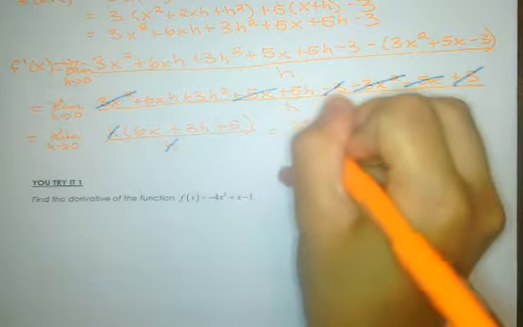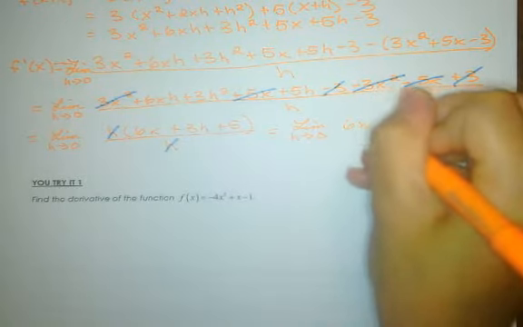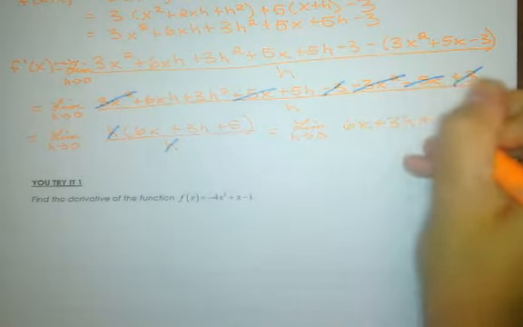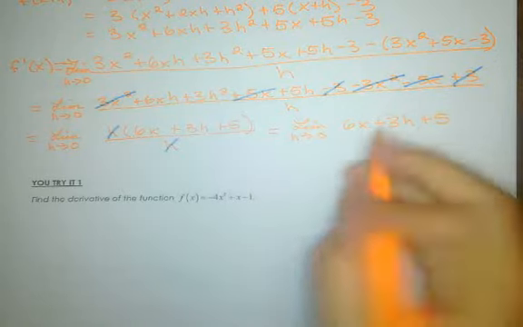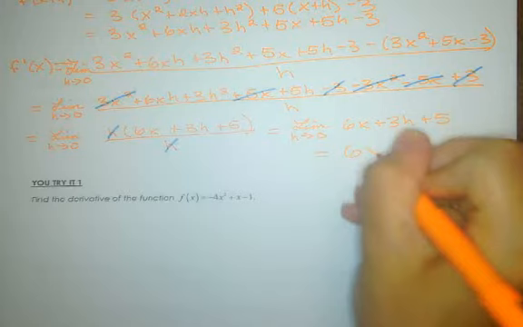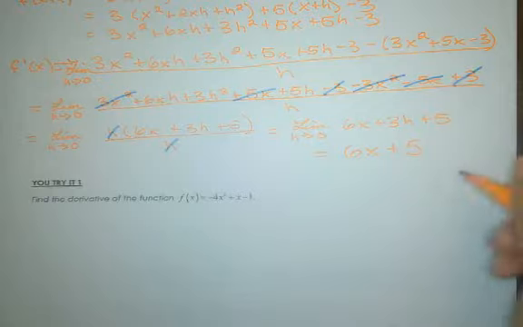And so now I'm left with the limit as h goes to 0 of 6x plus 3h plus 5. Well, now you actually evaluate the limit. As h goes to 0, this piece goes to 0, and I'm left with 6x plus 5. Okay? So there's the final answer here.